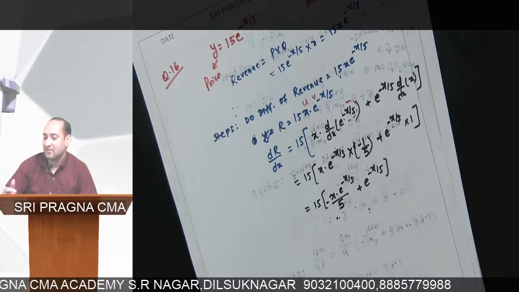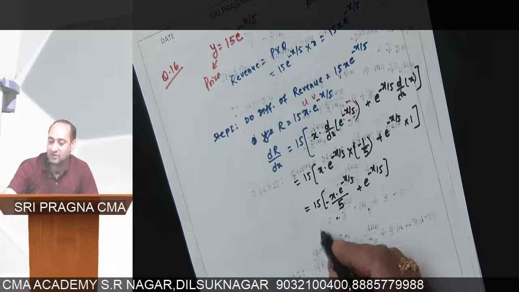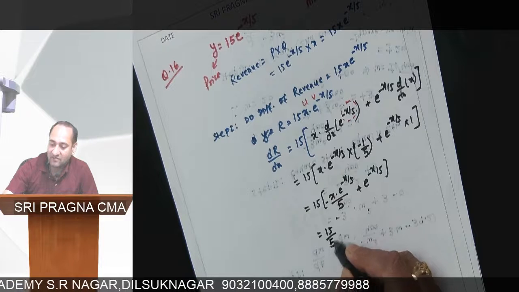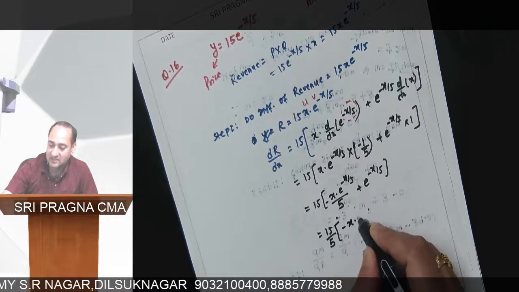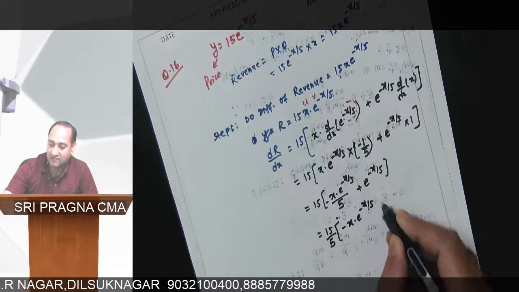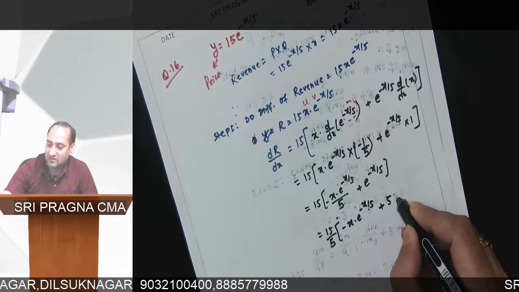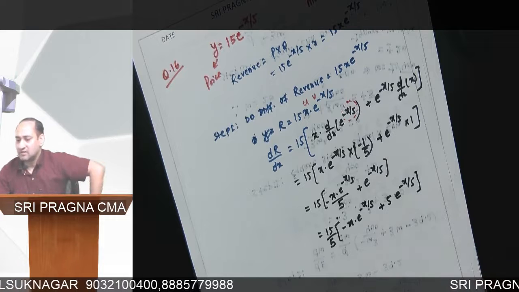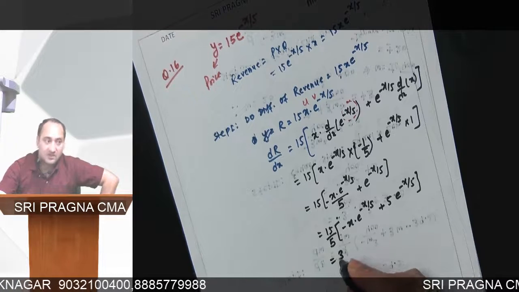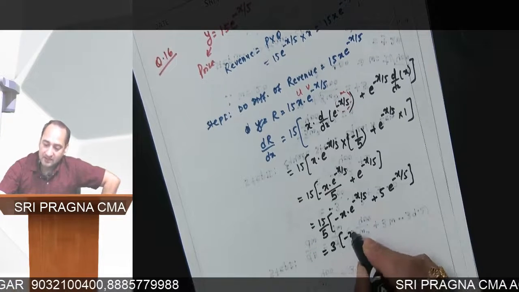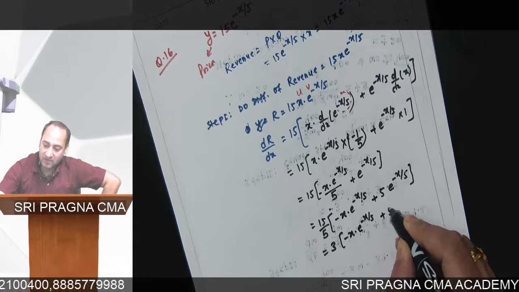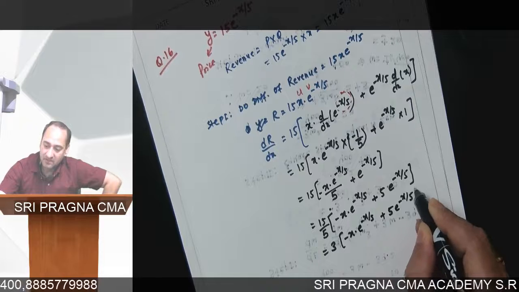If you want to take 5 as a common, you can do it like this: 15 by 5, or I am going to do minus x e to the power minus x by 5 plus 5. Is it okay? So we are going to get 3 minus x e to the power minus x by 5 plus 5 e to the power minus x by 5.